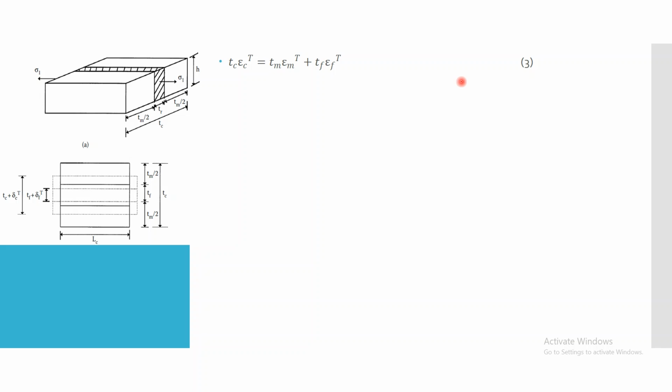So I want to find out the Poisson's ratio. Since you want to find out Poisson's ratio, now I should replace the strains, that is epsilon C, epsilon M, and epsilon F in terms of Poisson's ratio. So if you do that, we should go for the definition of the Poisson's ratio for the composite, matrix and fiber individually. So if you apply that, Poisson's ratio nu F is nothing but the transverse normal strain to the longitudinal normal strain, from the definition.